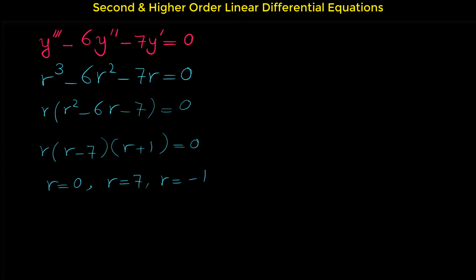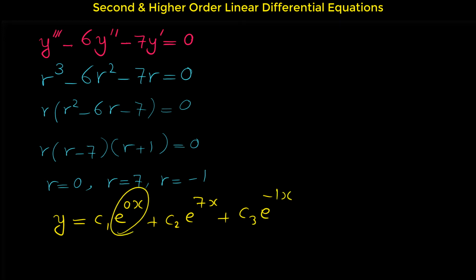So the solution of this differential equation is y equals c₁ e to the first root 0x plus c₂ e to the 7x plus c₃ e to the third root negative 1x.